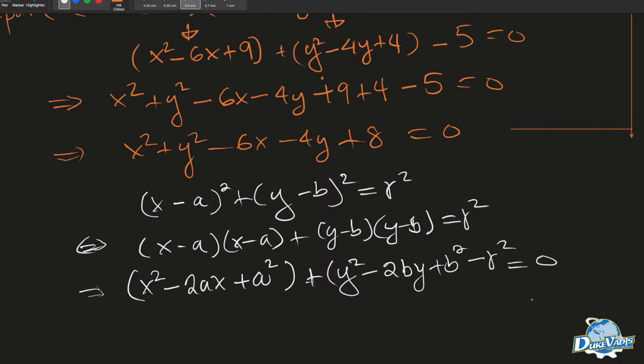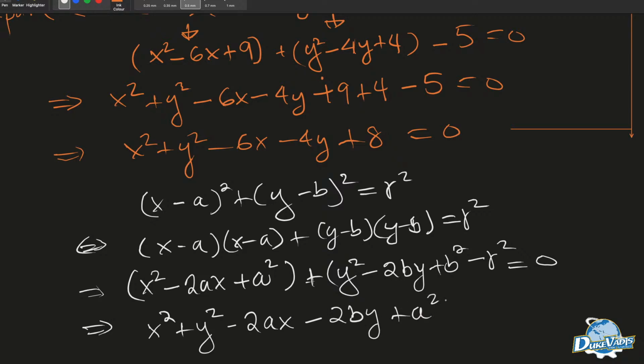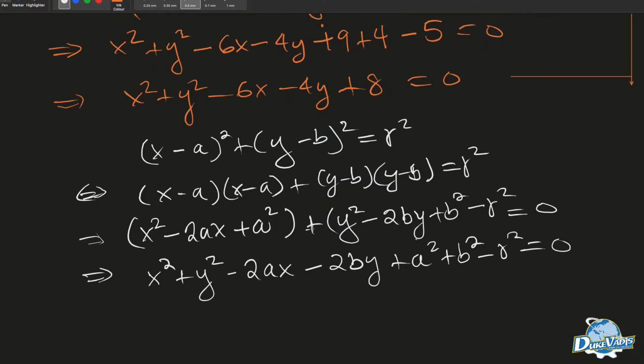Now let's separate terms. We say this is x squared plus y squared minus 2ax minus 2by plus a squared plus b squared minus r squared equal to 0. You see this term over here, we can do something about it.